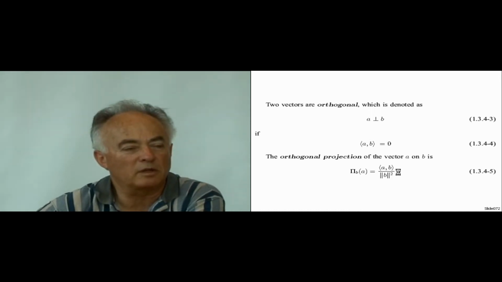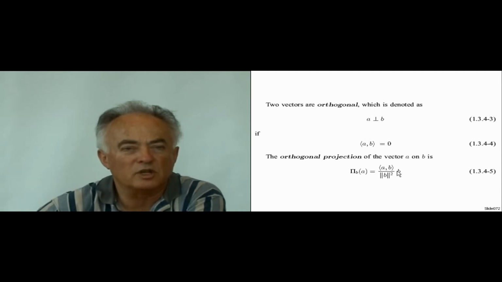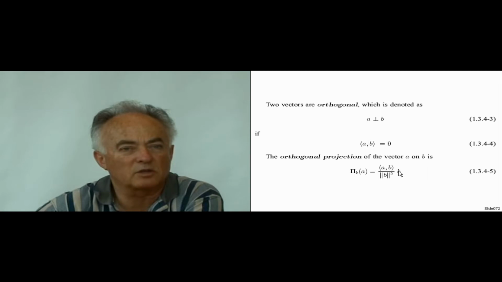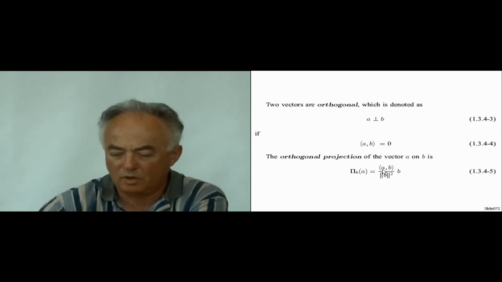So if you divide by this, you will get a vector along this B where the magnitude of B has been cancelled out, and its magnitude is A times the cosine of the angle between the two vectors.